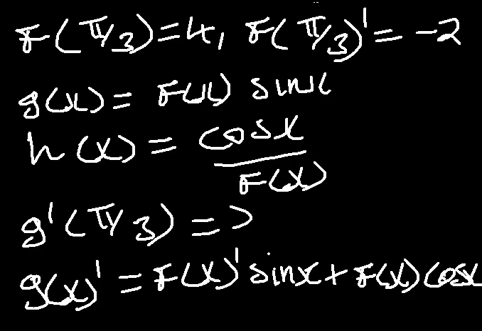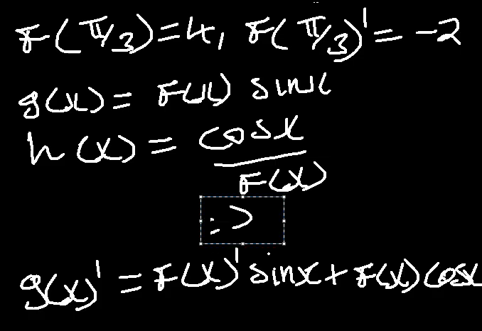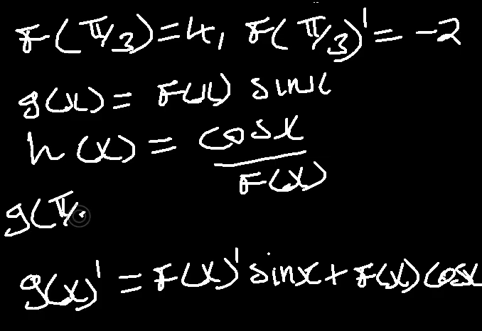Then now we are looking for g prime of pi over 3. So which means we'll have to substitute. That is to say, g prime of pi over 3 is equal to, wherever there's x, we are going to put pi over 3.